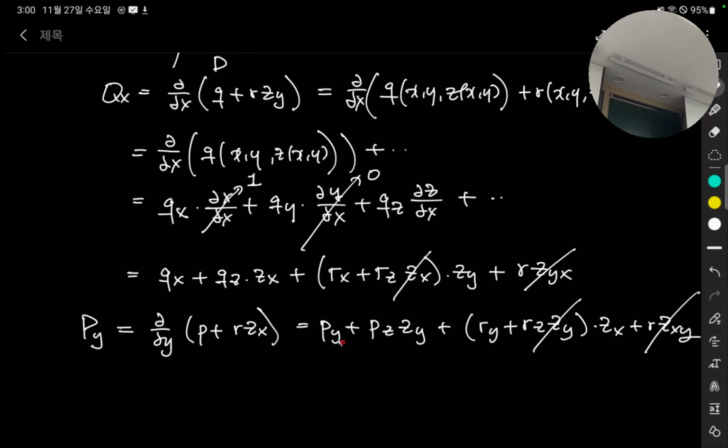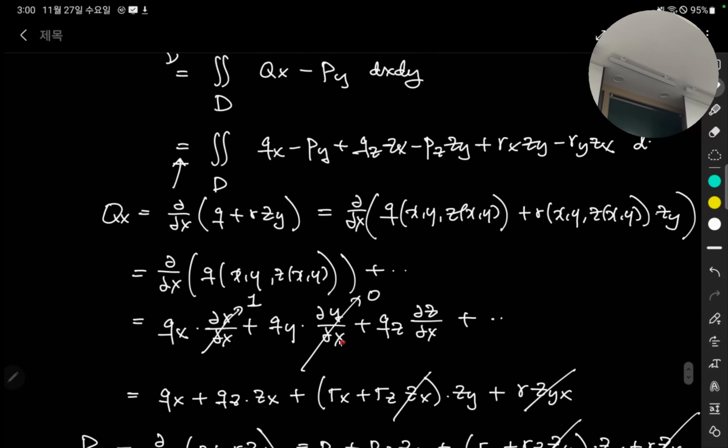So this is the final integration that comes from the line integral.